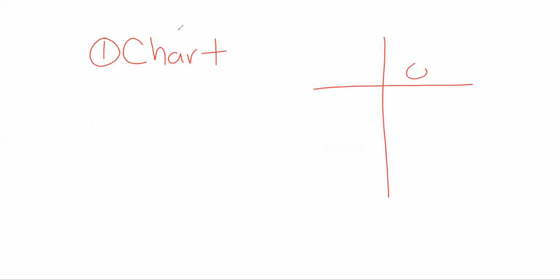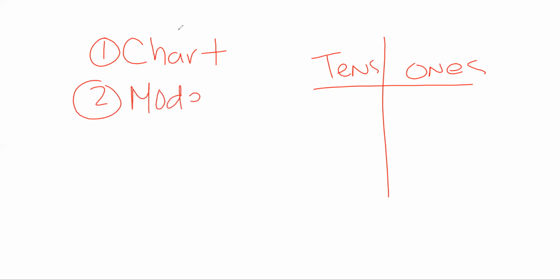So again, remember, you're going to make that chart, right? Think about your ones, your tens. You're going to model. So again, thinking about like, what does that look like? Maybe I have 33, and then I have 42. And then you are going to count.